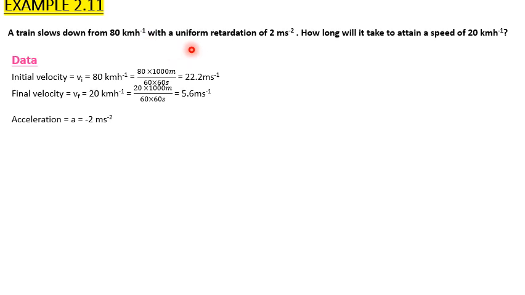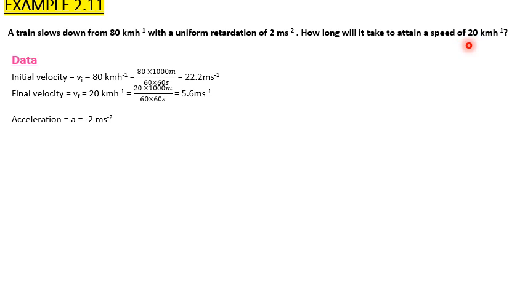Retardation means its velocity is decreasing. There is a decrease in velocity, there is deceleration. So the value of retardation is 2 meters per second square. The acceleration is minus 2 meters per second square.